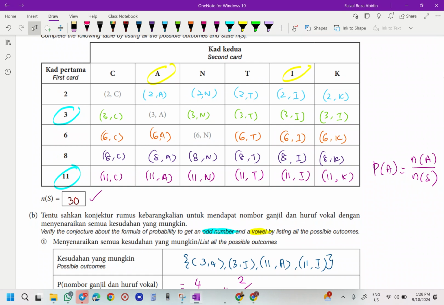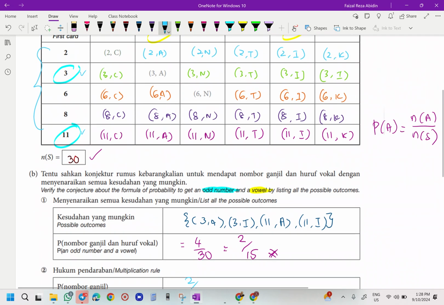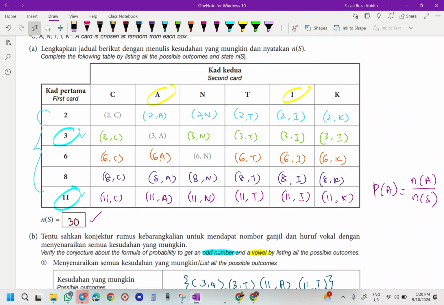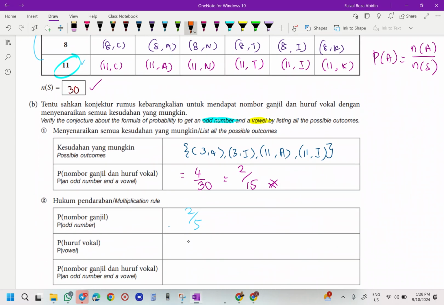Only 2 cards out of all 5 cards. So you're going to get 2 out of 5 over here. Vowel. How many vowels you got there? 2. 2 out of 6.